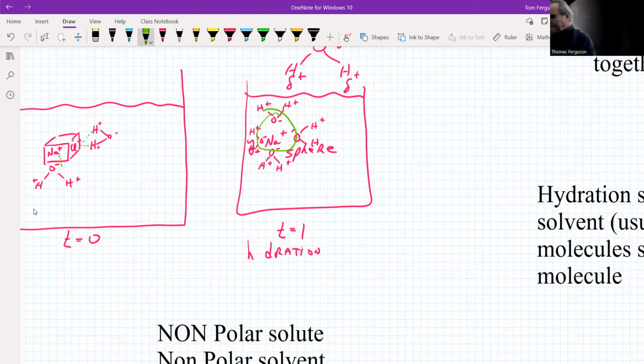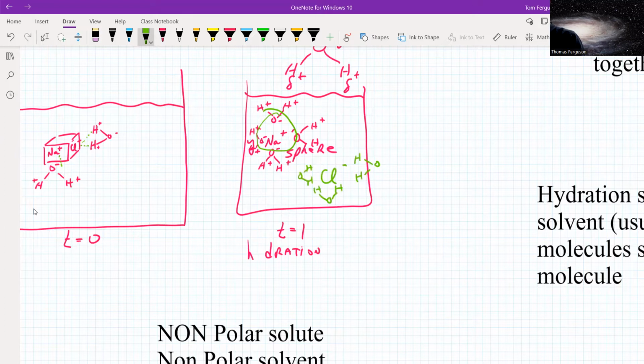So you're going to have a chloride ion also surrounded by water molecules, forming a hydration sphere around that chloride.